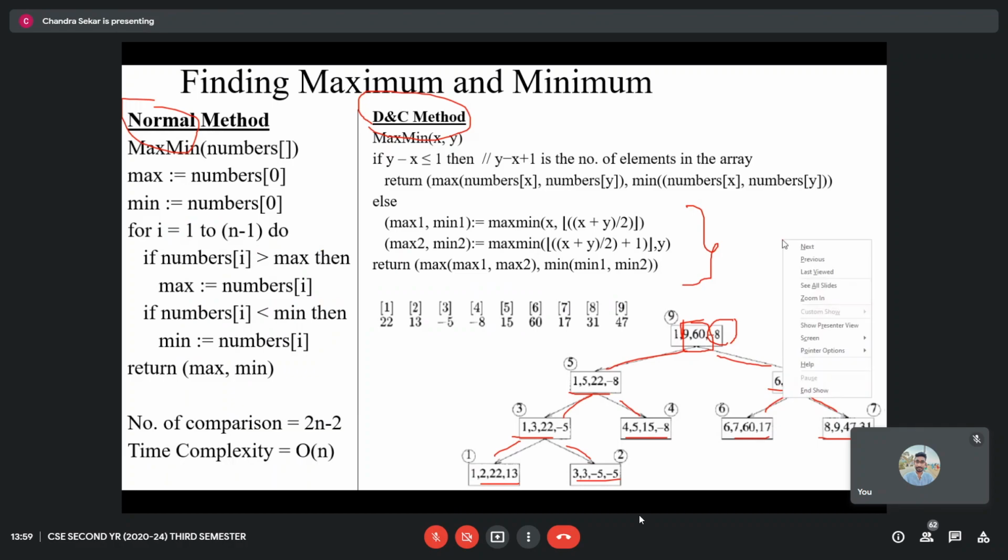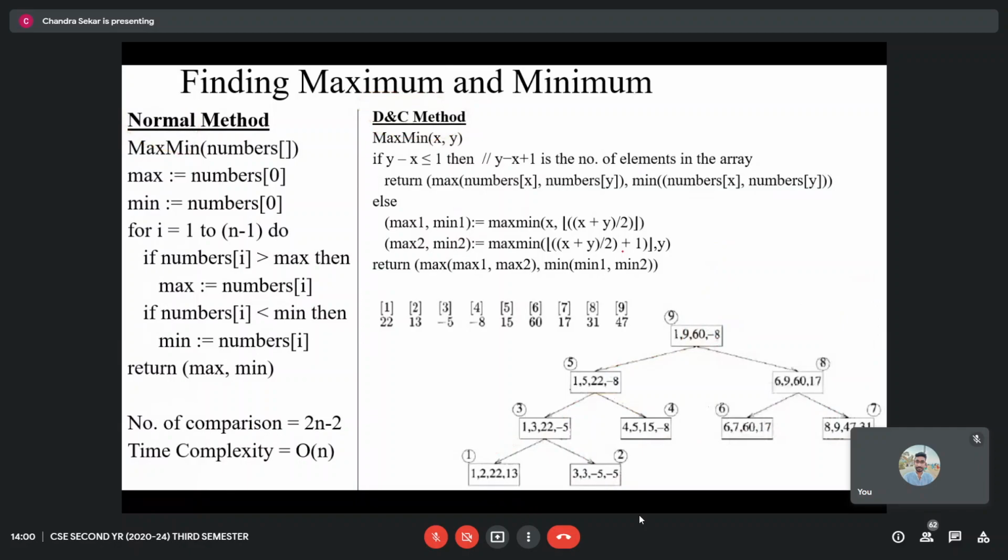If you observe here, the recursion is called 2 times, once here and once here. And every time half of the elements are given to each of the recursive calls. So it is n by 2 plus n by 2, so 2 times t of n by 2.